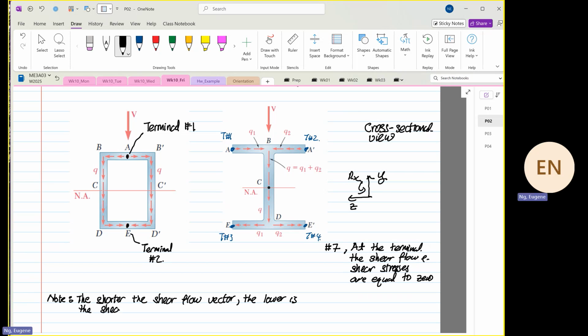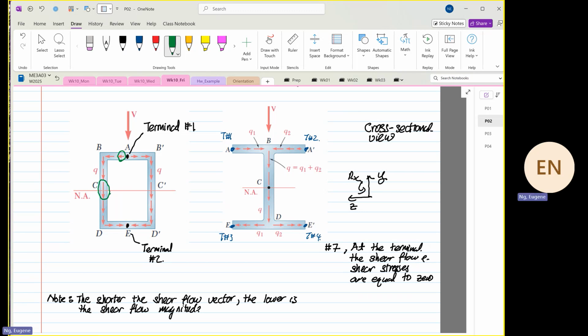Shear flow magnitude. Okay. So watch here. If you look at the arrow close to the terminal, the arrow is very what? Short. Yes or no? When it's further away, it is very what? Very big. Okay.